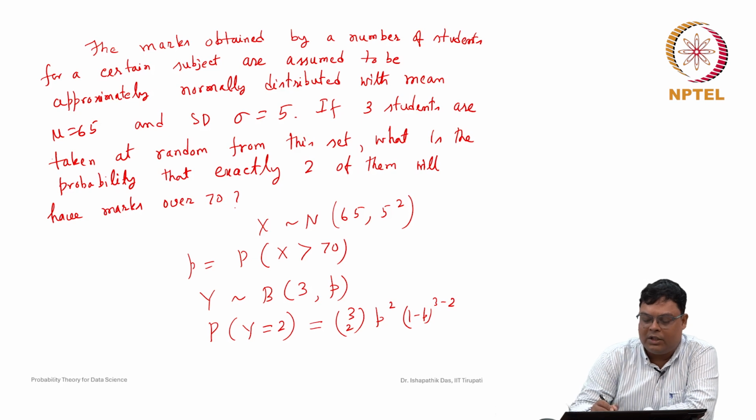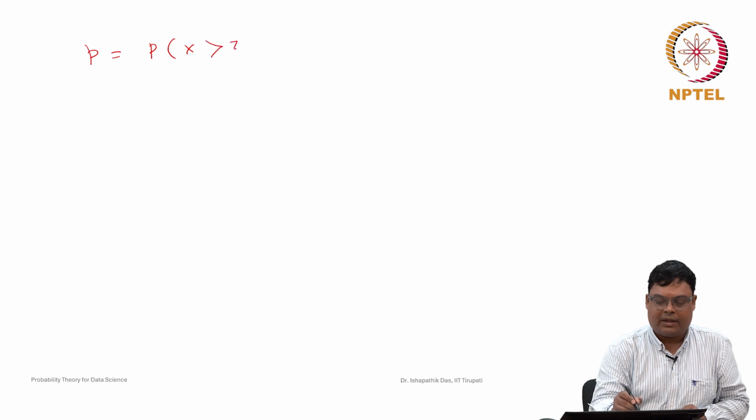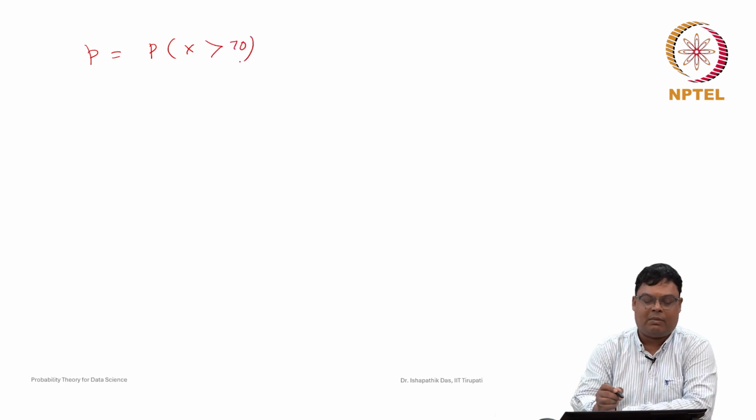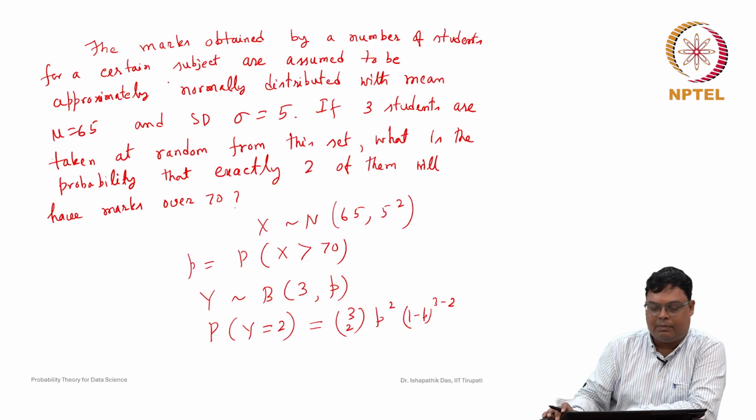For computing this probability, first we have to find the value of p. So let us find p first. p is equal to the probability that X is greater than 70. Because X has mean 65 and variance 5 squared, the standard deviation is 5.